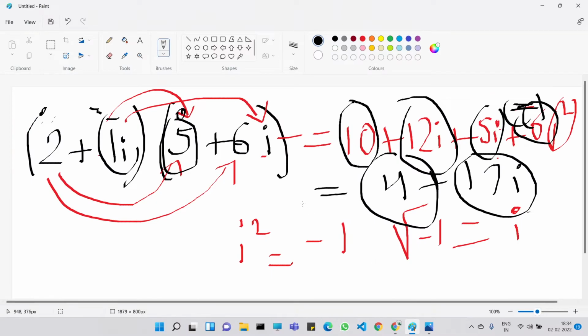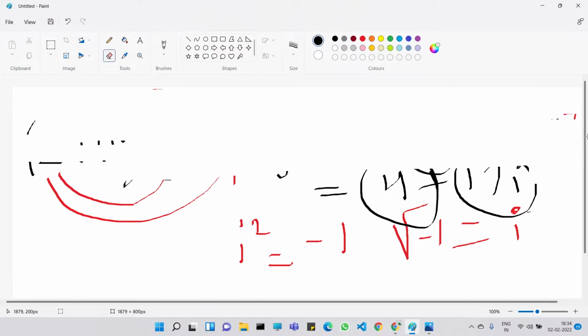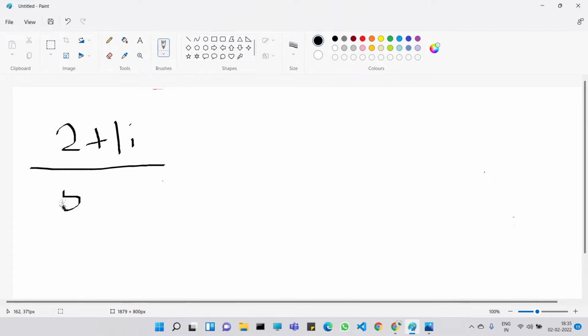Let's check how we can do the division part. Let's rub it out. Okay, let's take the same example itself. 2 plus 1i divided by 5 plus 6i.